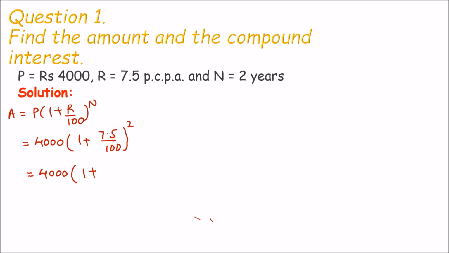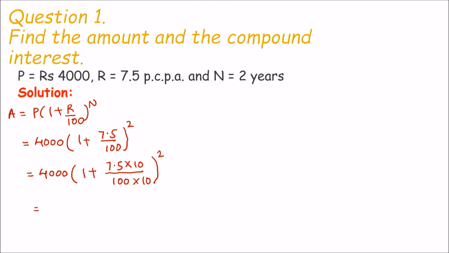Because after the decimal there is only one digit. That's why we need 10 to remove the decimal. So we will multiply by 10, and we'll get 7.5 into 10 upon 100 into 10 raised to 2.